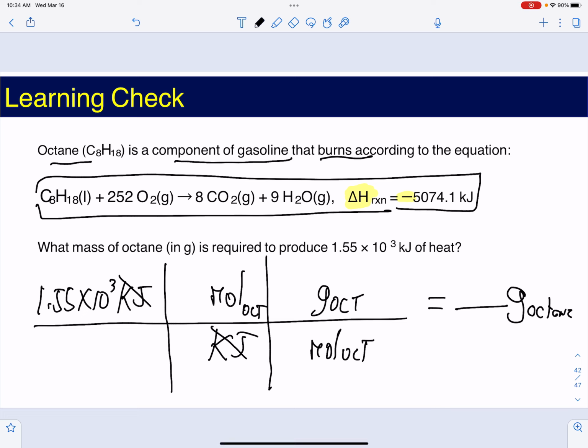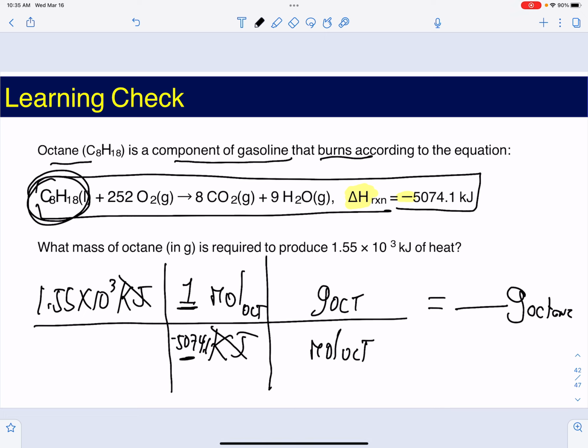So these numbers at the beginning, where I have the kilojoules, is going to be minus 5074.1, and the moles of octane are going to be just 1.